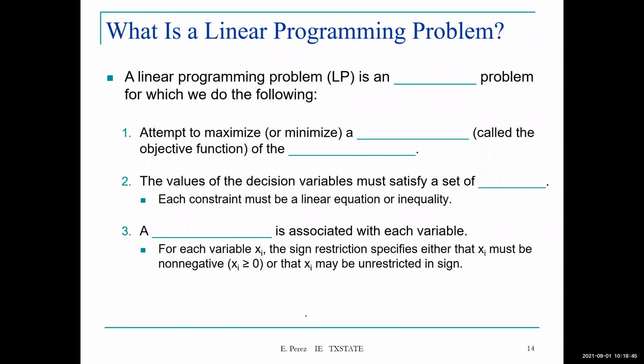A linear programming problem, LP, is an optimization problem for which we do the following. We attempt to maximize or minimize a linear function called the objective function of the decision variables. And the values of the decision variables must satisfy a set of constraints. Each constraint must be a linear equation or inequality. A sign restriction is associated with each variable. For each variable xi, the sign restriction specifies either that xi must be non-negative, or greater or equal to 0, or may be unrestricted in sign.